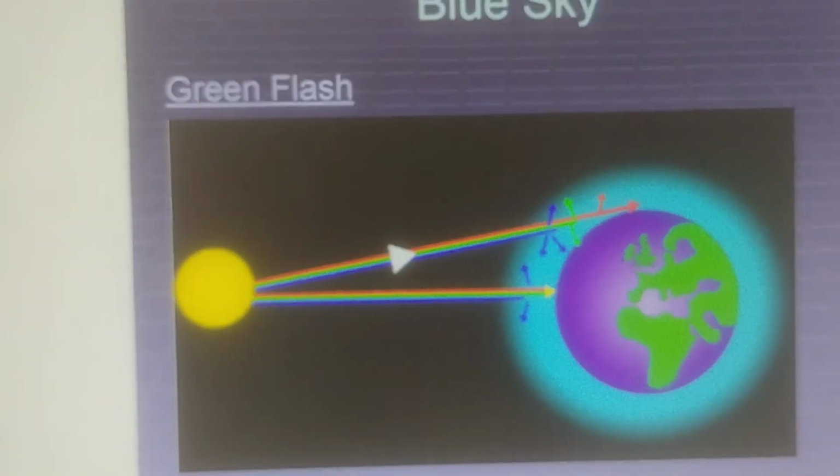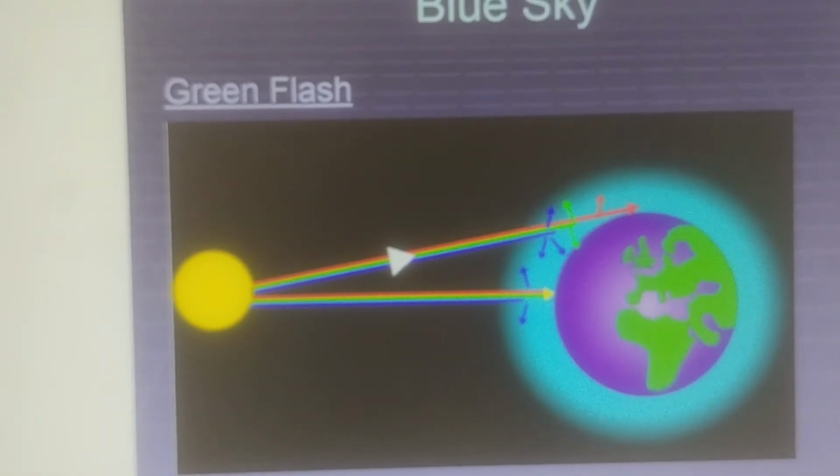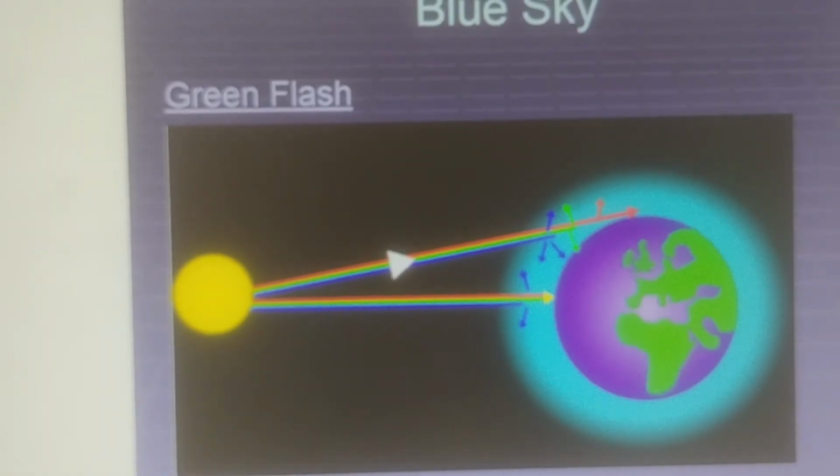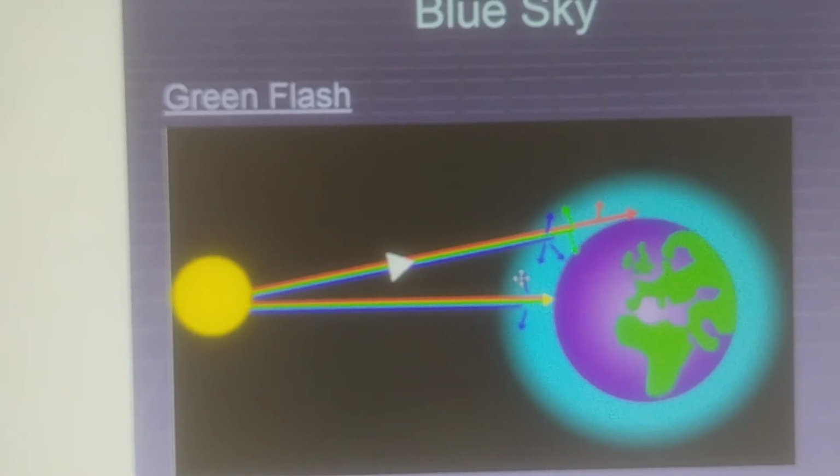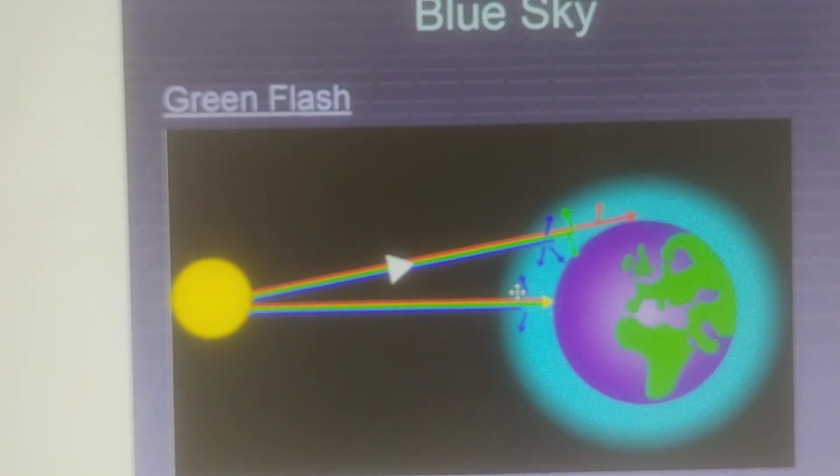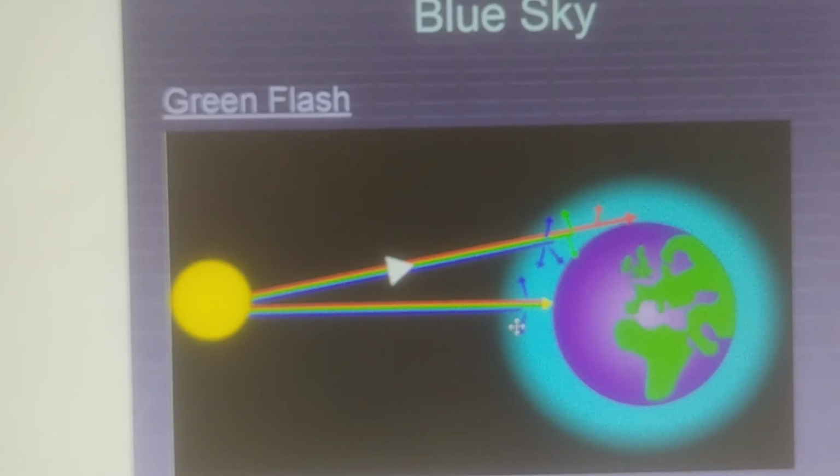The larger wavelengths keep on tooling all the way through, and the shorter wavelengths, like the blue right here, and the violet, they'll bounce like a pinball machine. They'll stay up in the sky for, again, a fraction of a second. And because they stay there for a fraction of a second, it makes the atmosphere look blue.